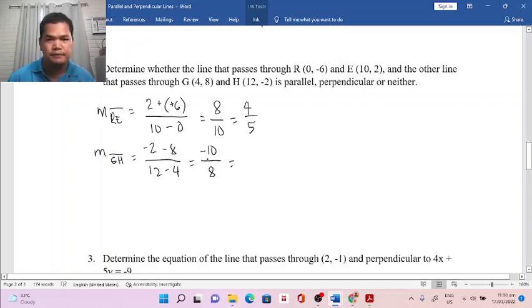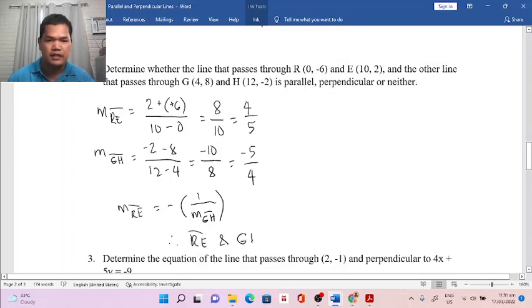So we have negative 5 over 4. And since the slope of RE is the negative reciprocal of the slope of GH, we could say that RE and GH are perpendicular.